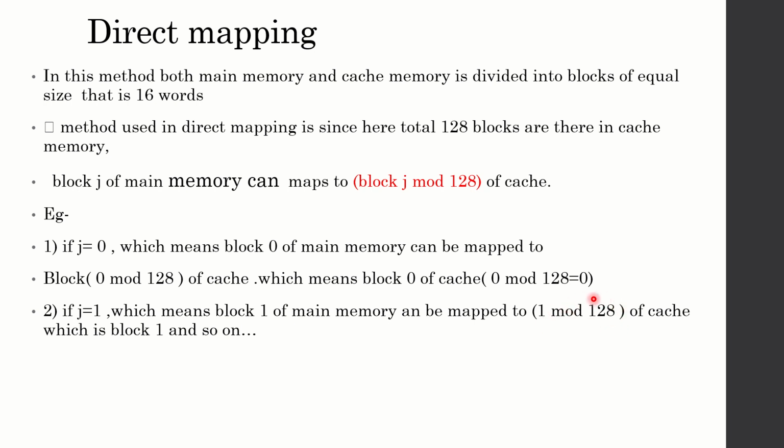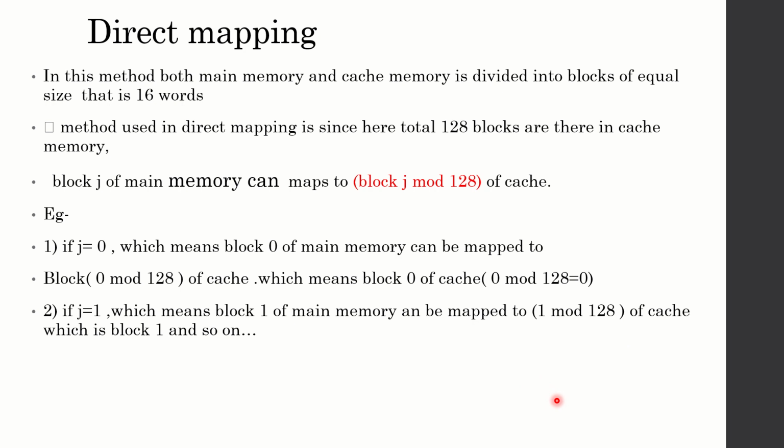So 1 mod 128 is equal to 1. That means the first block of main memory will be stored in the first block of cache memory. In that manner, we can give different values of J. We just apply the corresponding J value, and the equation's result will give you the corresponding cache block number where the J block in main memory will be stored.